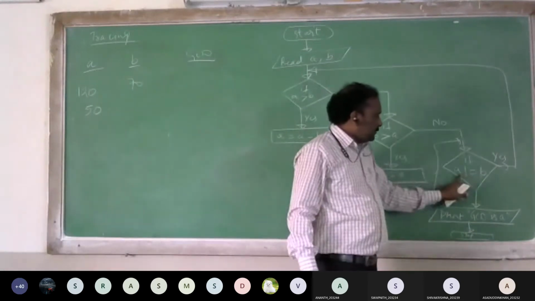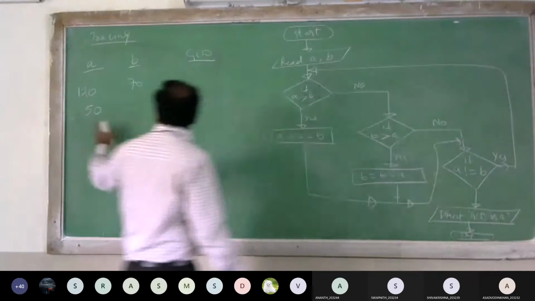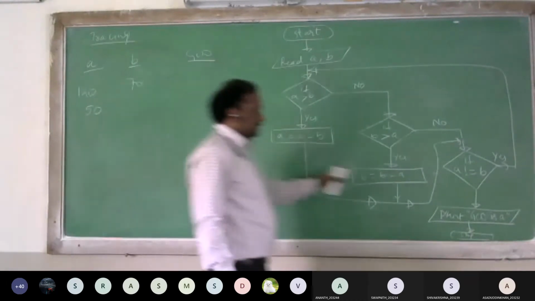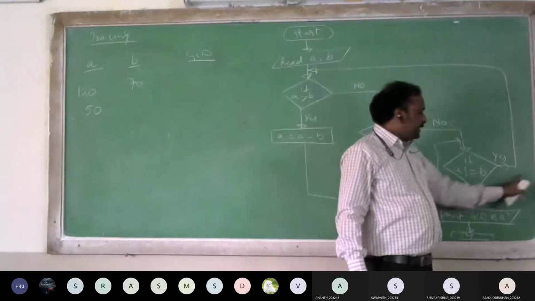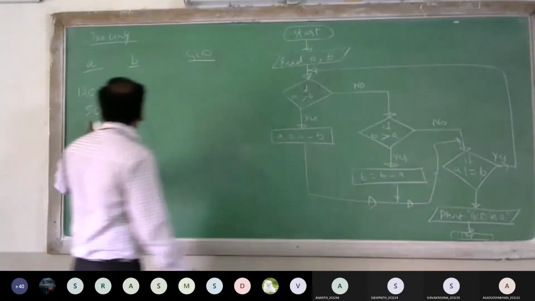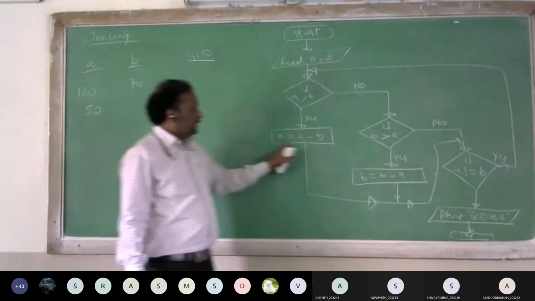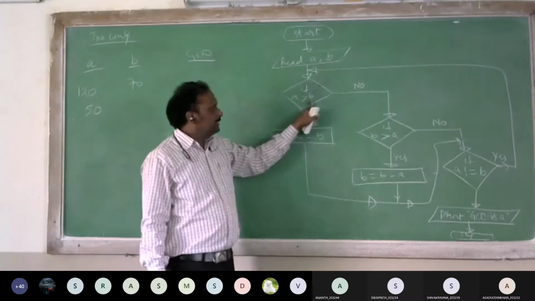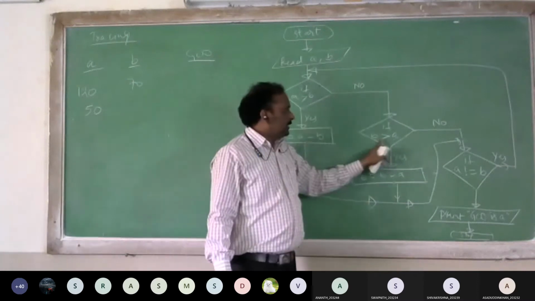Is 50 not equal to 70? 50 is not equal to 70. Yes. Follow this path. Again check. Is 50 greater than 70? No. Come here.